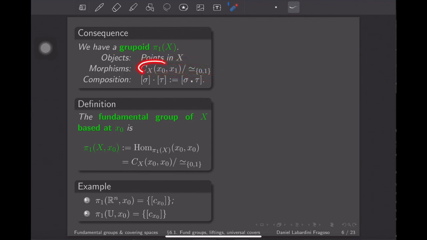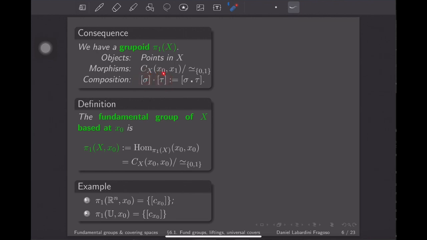So here I'm considering all curves from x0 to x1, but modulo homotopy relative to endpoints.